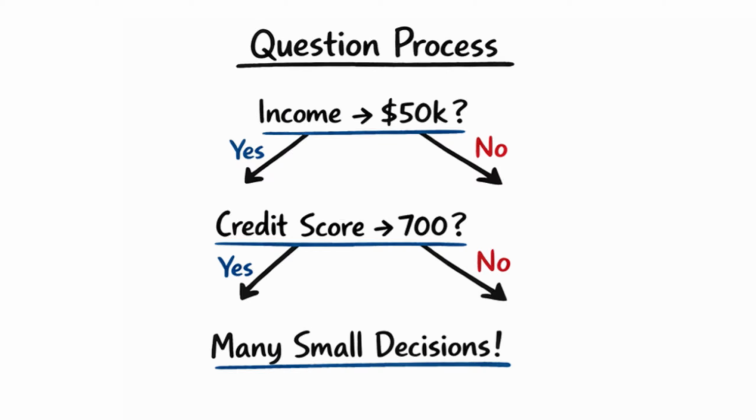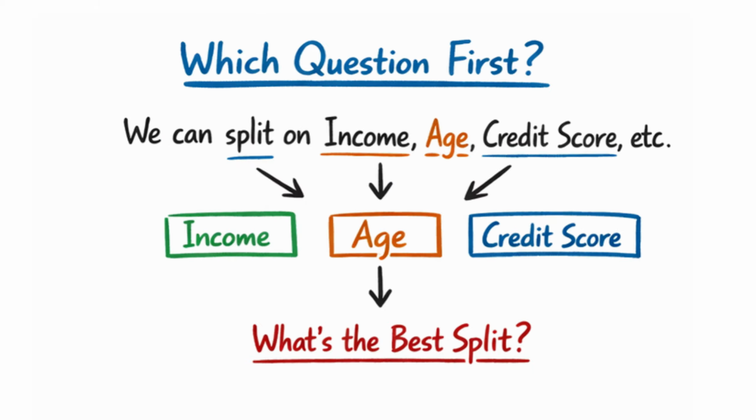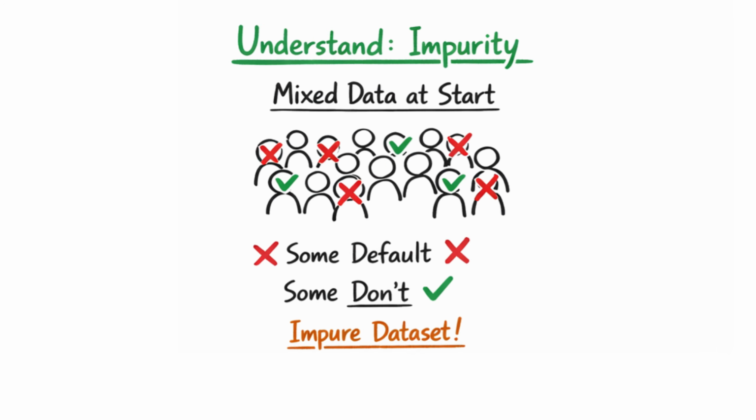Now the important question here is, how does the model decide which question to ask first? Because we can ask many questions, we can split based on income, age, credit score, and anything. So how does it decide the best split? To understand this, we need to understand one concept, which is impurity. At the beginning, your data is mixed, so it will contain some customers who will default, some who will not default.